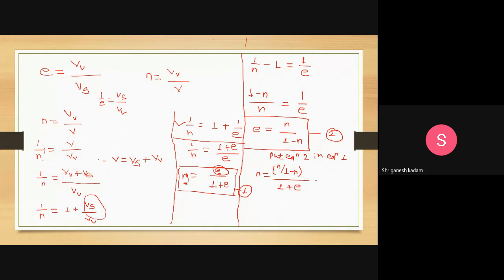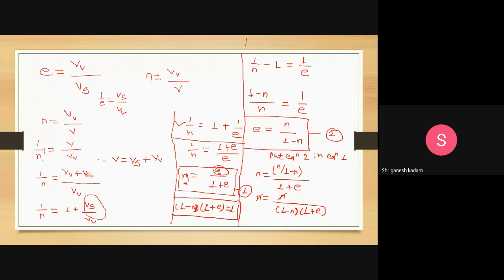Now if I further simplify this, N equal to N divided by 1 minus N into 1 plus E. Here this N and this N will get cancelled, and finally what you will get is 1 minus N into 1 plus E equal to 1.